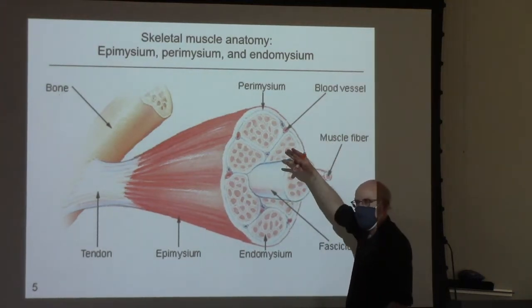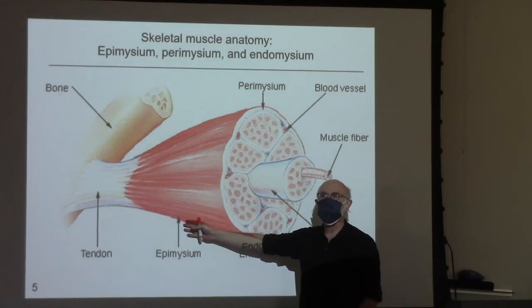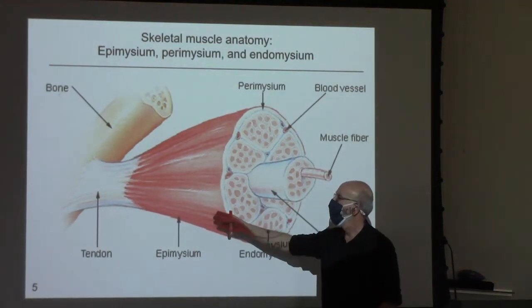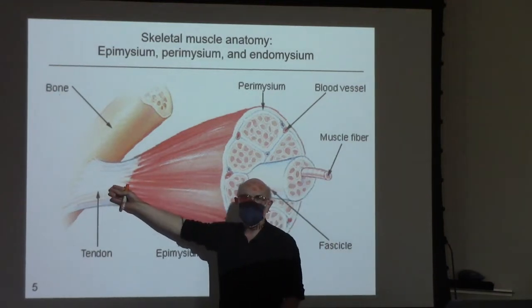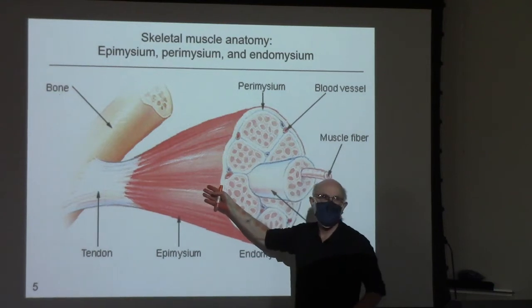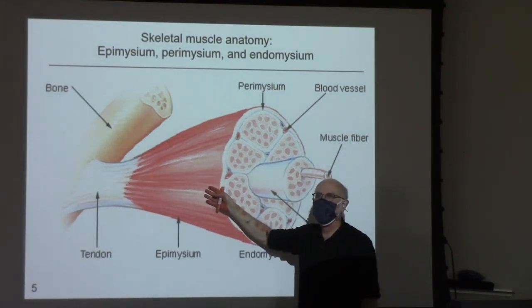A muscle is surrounded by an epimysium. That's the shiny surface on a muscle. And it specializes at the end to form the tendon. So the tendon is a specialization of the epimysium.